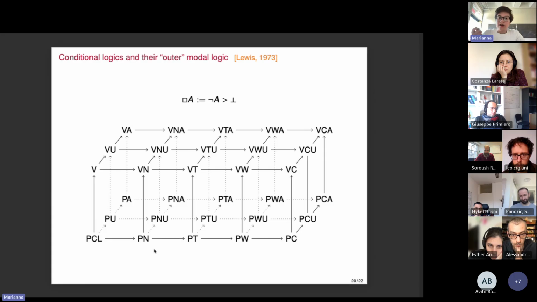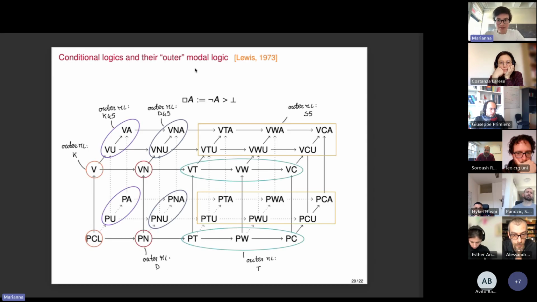So you can define a box operator from the conditional operator. And depending on the logic you are in, this box modality will have different properties. So this is the outer modal logic, the logic that you get if you define the box from the conditional, terminology from Lewis.